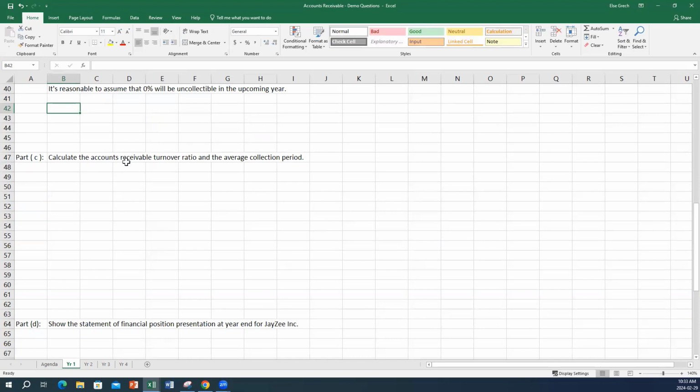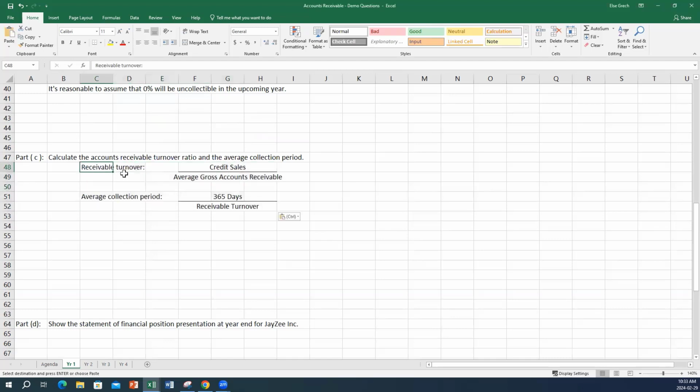Calculate the accounts receivable turnover ratio and the average collection period. First, let's look at what those calculations actually are. What are those formulas? So I'm just going to pop the formulas in here. Receivable turnover is credit sales divided by the average gross accounts receivable.